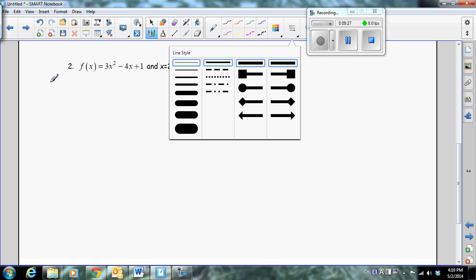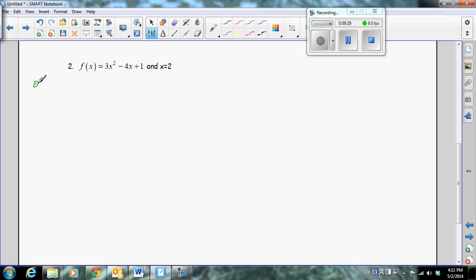On problem number 2, what I would first do is, of course, the a part of it, I will find the limit of 3 times x plus h, the whole thing squared, minus 4 times x plus h, plus 1, but minus 3x squared minus 4x plus 1, all over h.